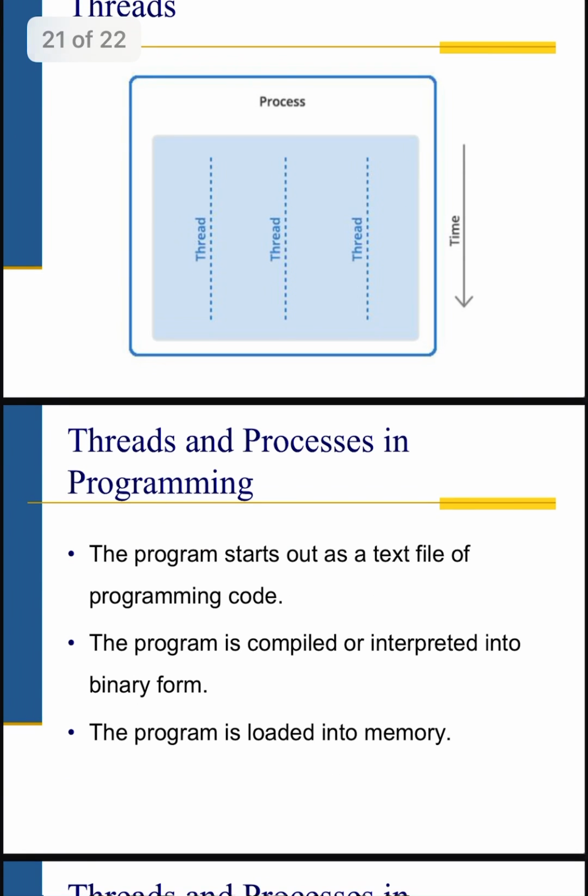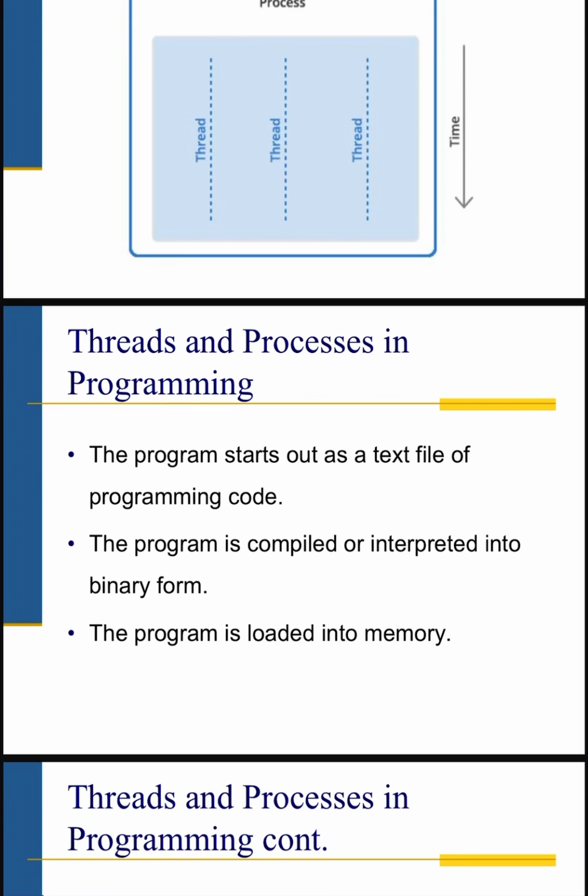Threads and processes in programming. A program starts out as a text file of programming code. The code is compiled or interpreted into binary form. So after writing your code, it is compiled or interpreted into binary code, because the computer doesn't understand the code you have written.